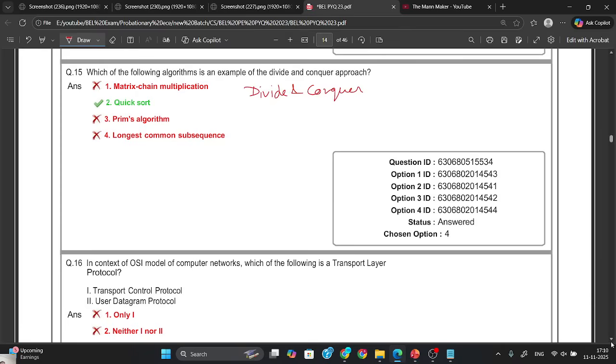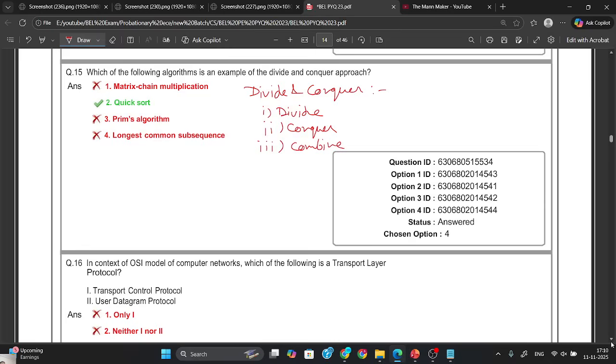As you know, it is a problem solving method. So it has three steps. First one is divide, second one is conquer, and third one is combine.